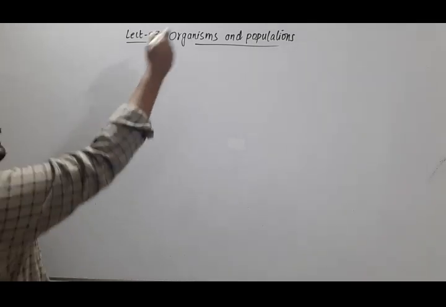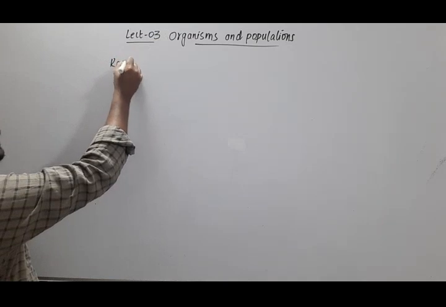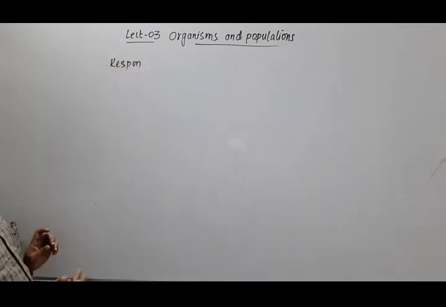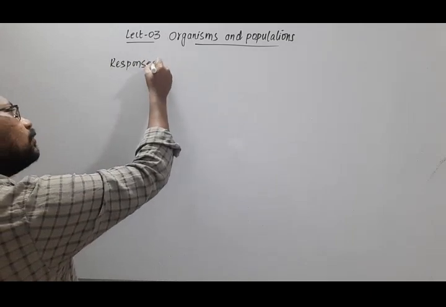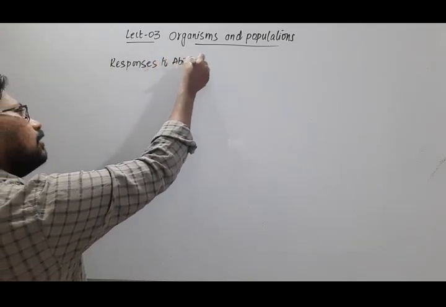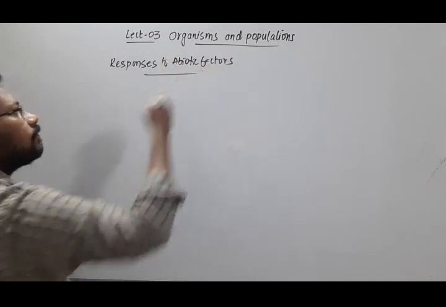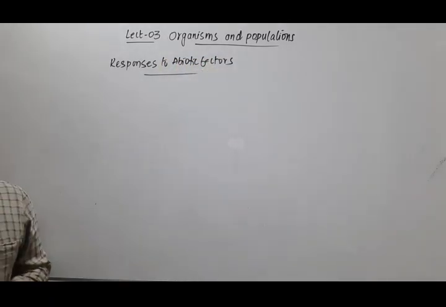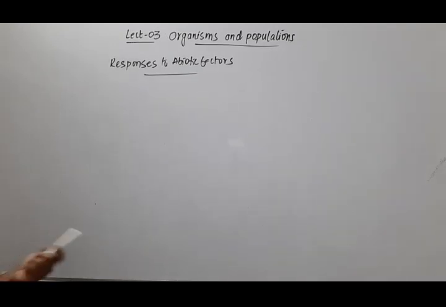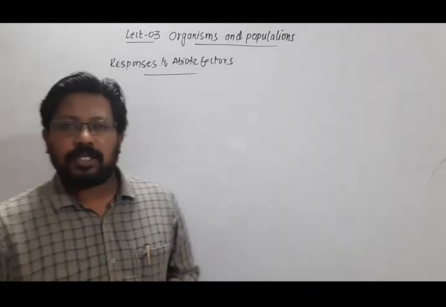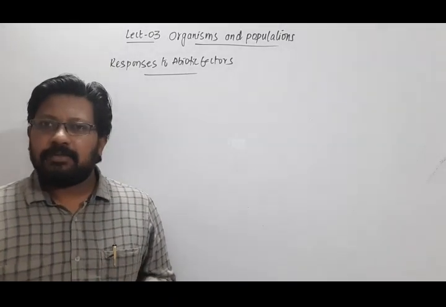Now let's look at how the organisms show responses to abiotic factors. Different organisms respond to these abiotic factors differently, and have adapted depending on the availability of temperature.